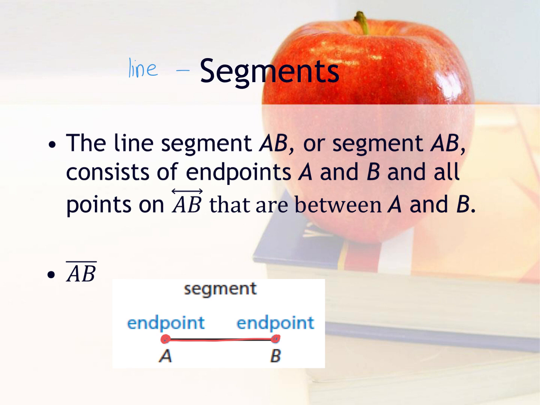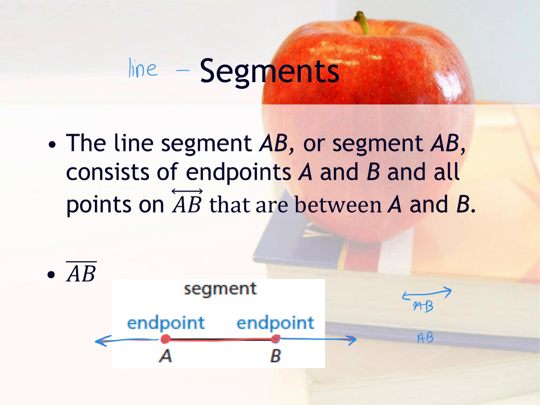You can just say segment. You don't have to say the words line segment. If you think about it, you could have this infinite line here. That's a line. Let me extend it in a different color. Line AB goes to infinity.